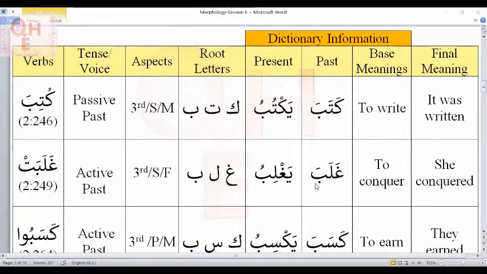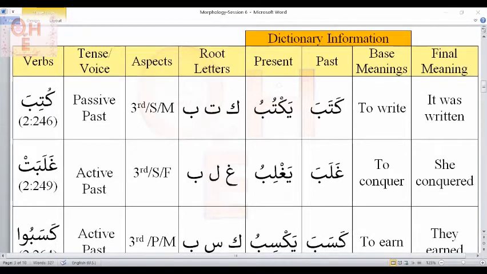Next to the transliteration, you see the letter I. That means the second root letter, lam, should have a kasra. So the present tense pattern is yaghlibu. Ghalaba, yaghlibu. Base meaning is to conquer. And because it's an active past and the doer is a third person singular female, so she conquered.